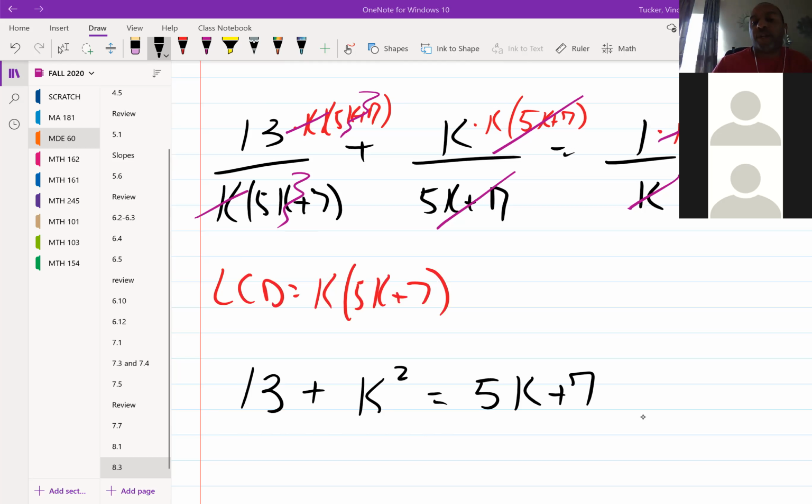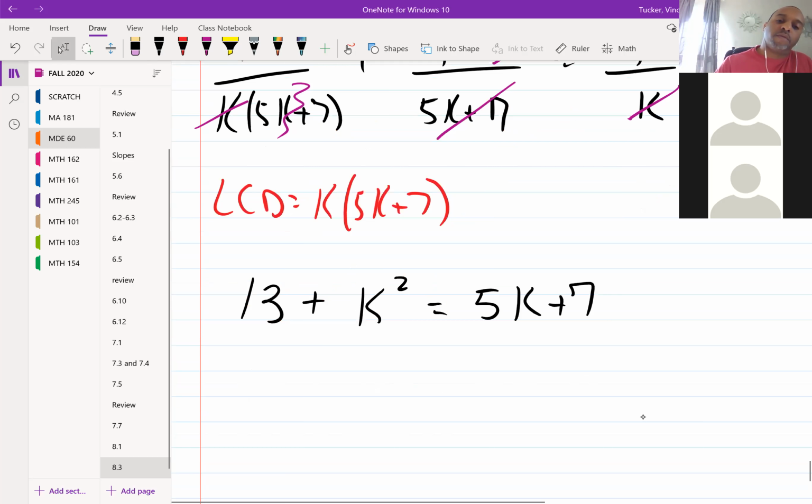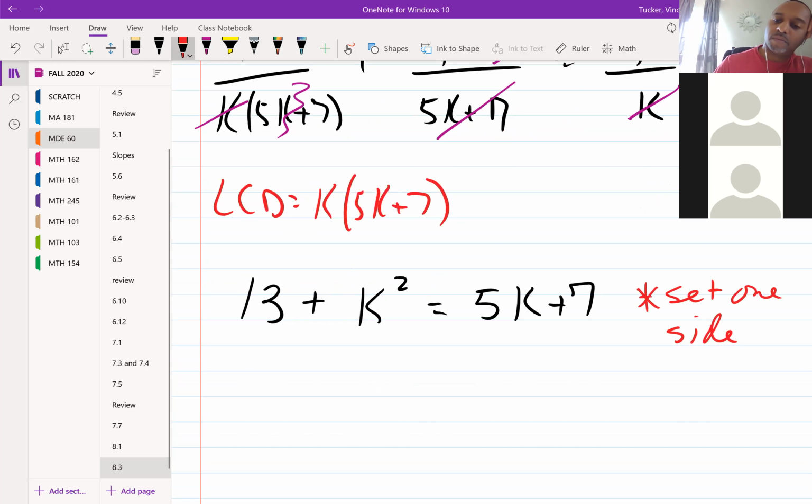Remember there was a k in your denominator, so they got to cancel out. That leaves you just 5k plus 7 on the right side. I'm still making mistakes. Reorder the problem: k squared plus 13 equals 5k plus 7.